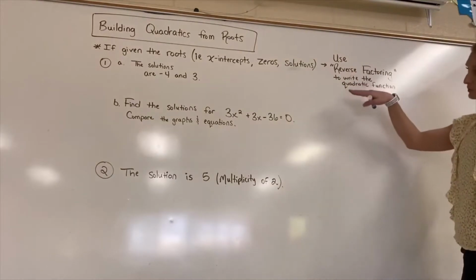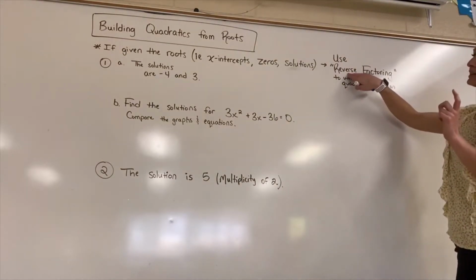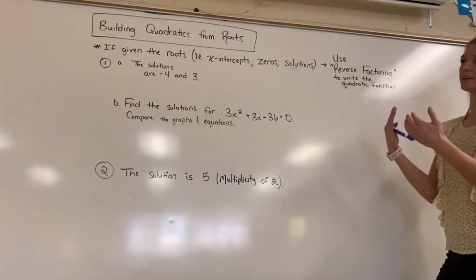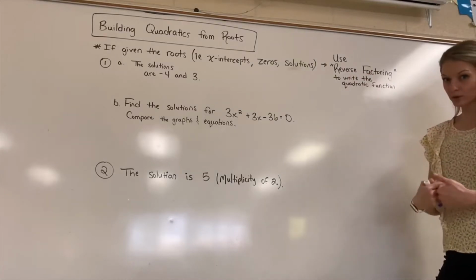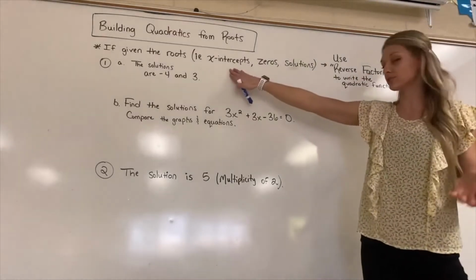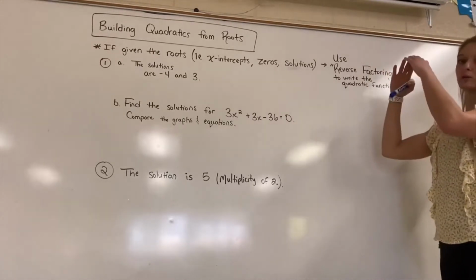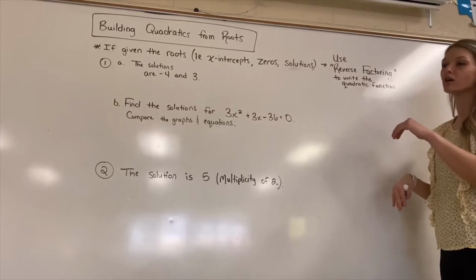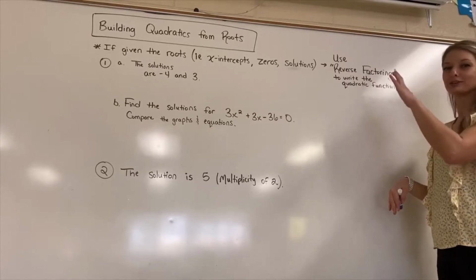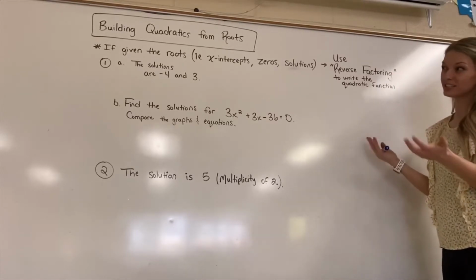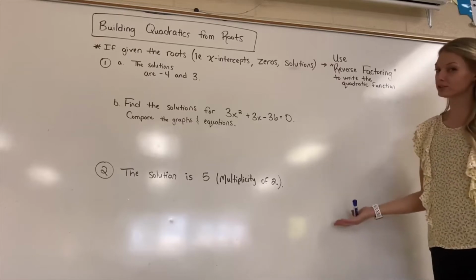So to do that, you're going to start with x equal to whatever the x-intercept is, and then you kind of undo what was done. Where you solved, you're going to undo that solving part, and then you'll essentially have your quadratic equation, okay?